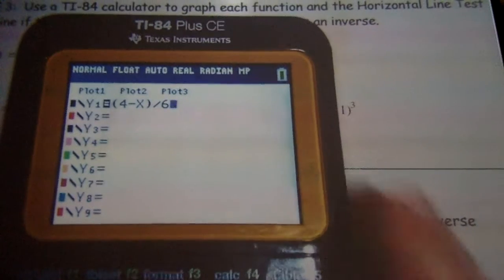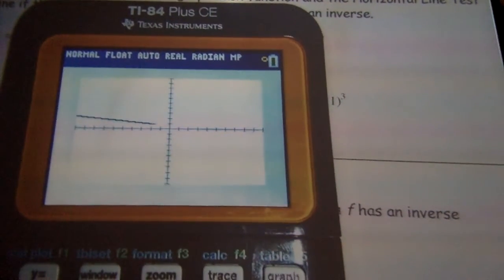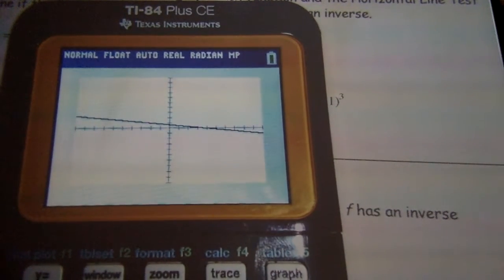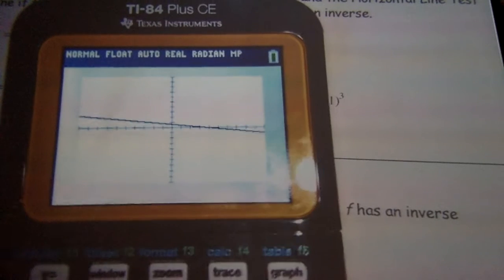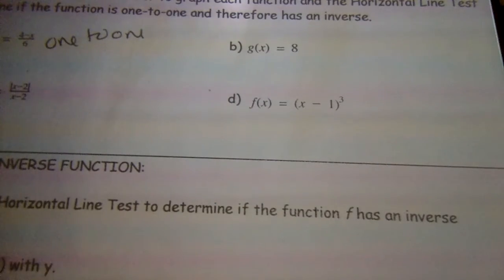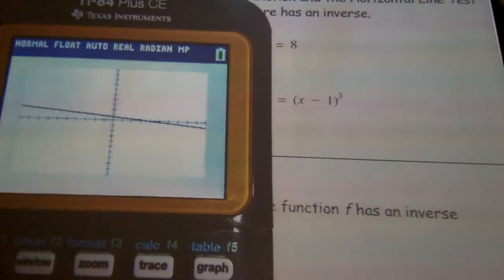And hit window, hit zoom 6 so we all have the same graph. When you draw a horizontal line, how many times does it cross it? One time, so this is 1 to 1. Questions there?